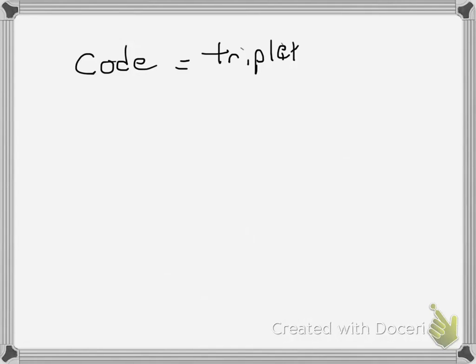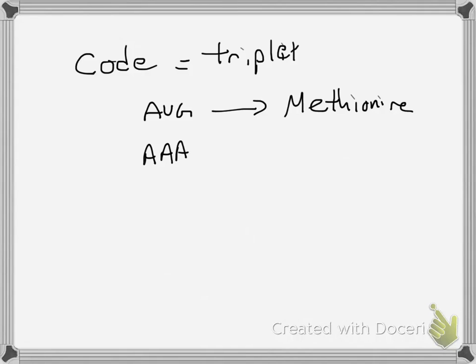The way to think of it is that something like AUG, which is our start codon, corresponds to the amino acid methionine. Something that is AAA corresponds to lysine. You should be able to look these up based on that chart that I provided you in class.